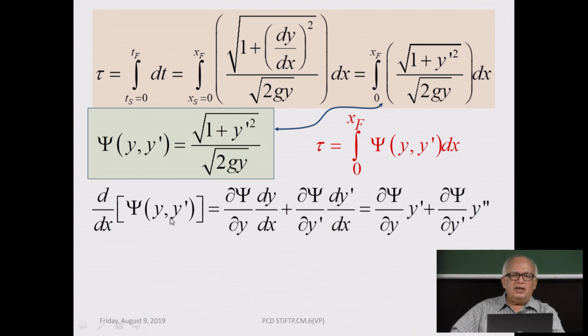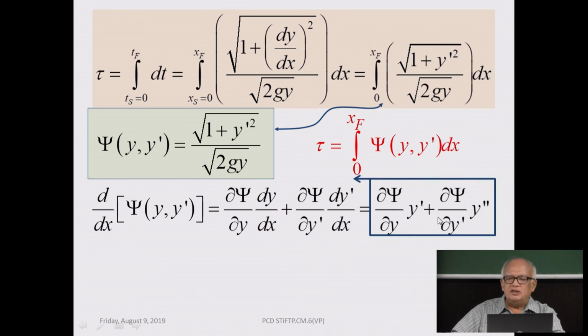Okay, so let us look at what is the derivative of psi with respect to x. So it will depend on how psi depends on y, del psi by del y, and then how y depends on x. This is just the chain rule of taking the derivatives. Plus how psi changes with y prime, which is del psi by del y prime, and how y prime itself changes with x, which is dy prime by dx. Okay, so this is d psi by dy times y prime in our notation, and this is the derivative of y prime with respect to x, which is nothing but y double prime in our equation.